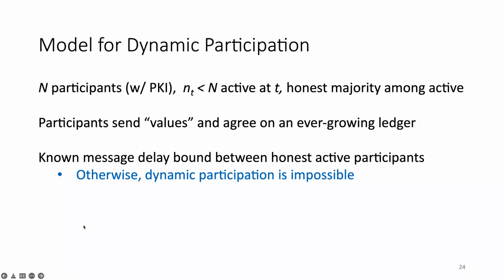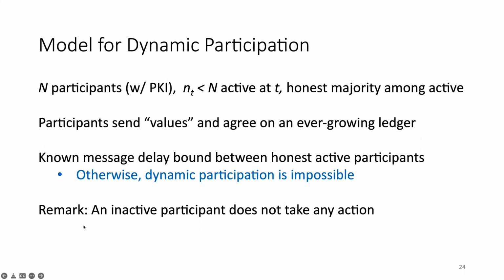But it should be straightforward to think about. If the message delay is unbounded, then you can have a partition. Both partitions should make progress, because it's dynamic participation, no matter how small or how large that partition is. So that's not solvable.